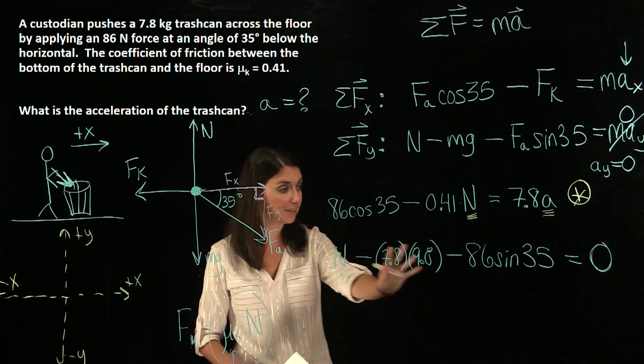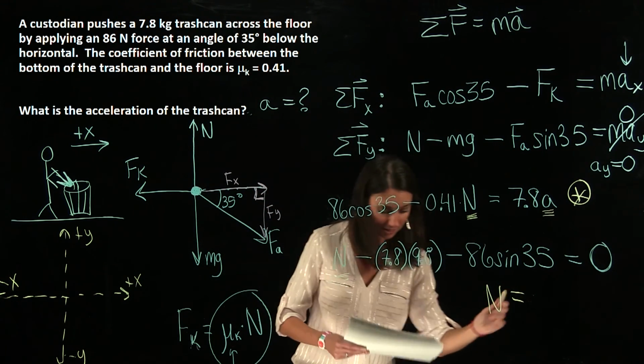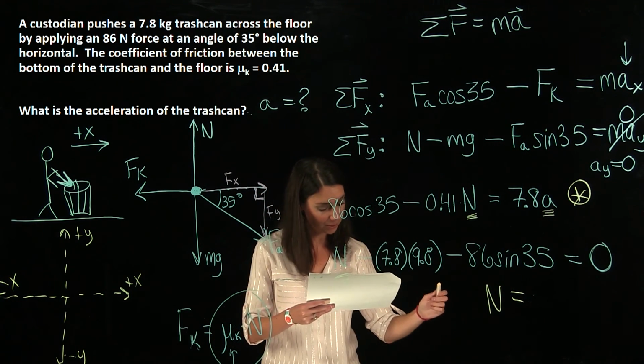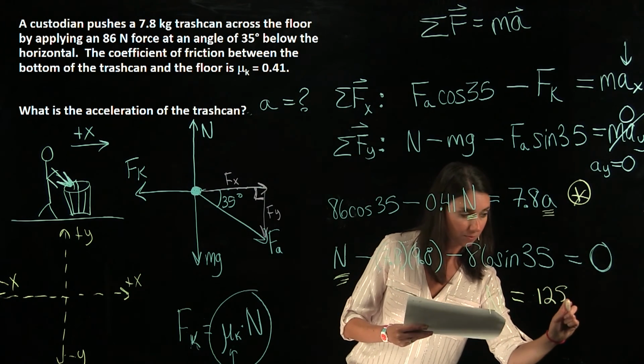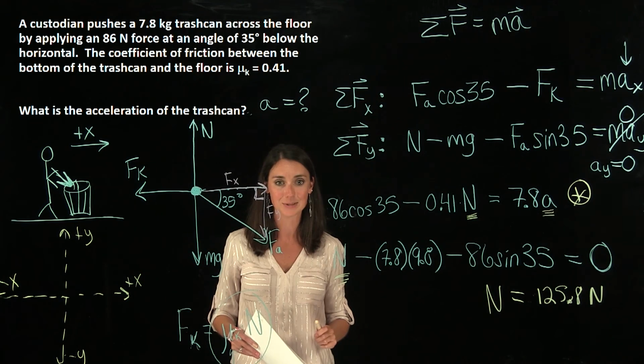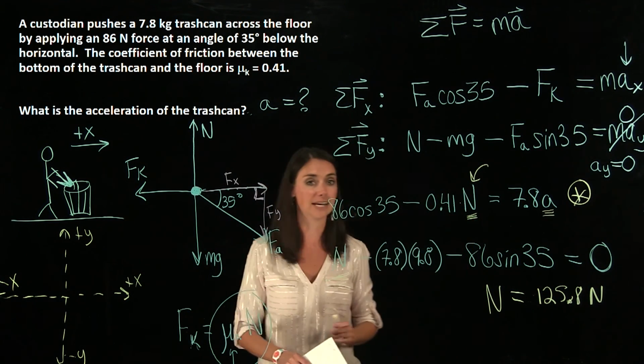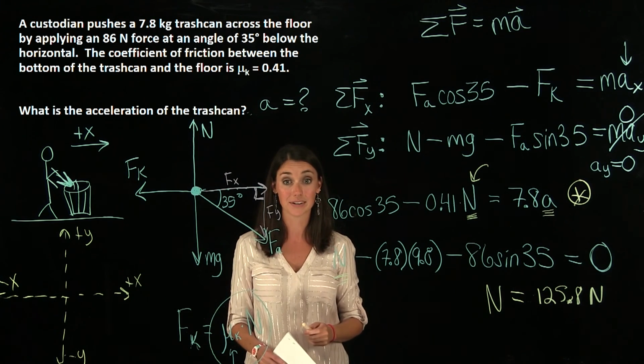By moving these numbers to the other side, combining them, you can derive a normal force, and it turns out that the normal force is equal to about 125.8 newtons if you calculate this out in your spare time. And then you can plug that 125 newtons into there, and then you arrive at your final answer.